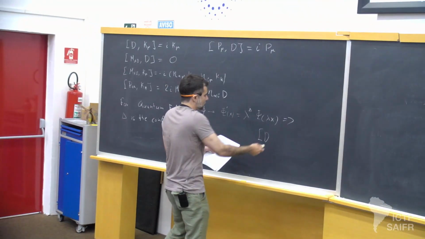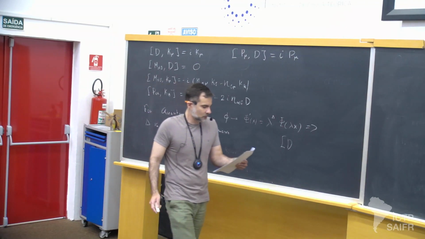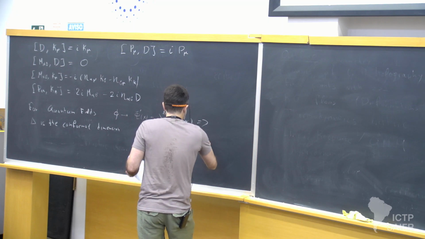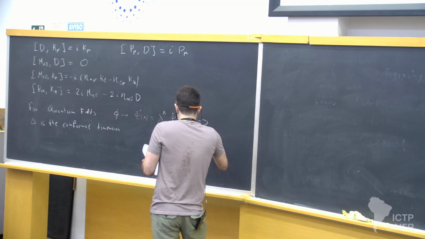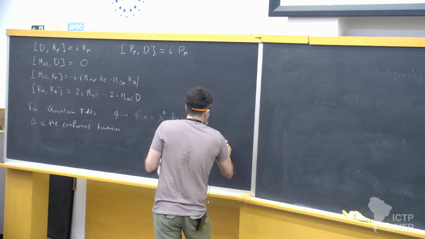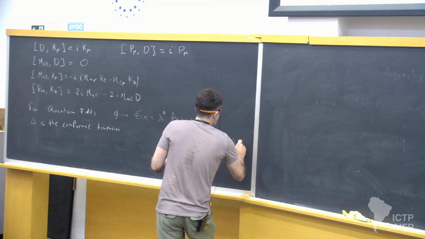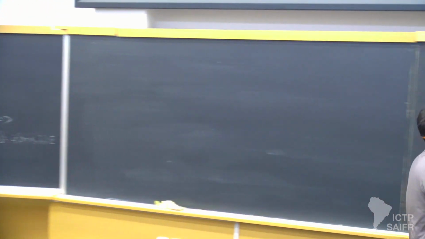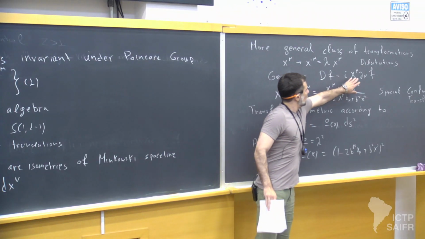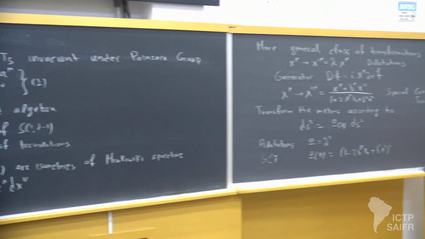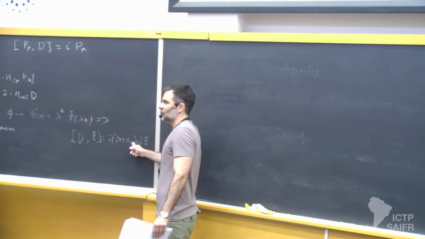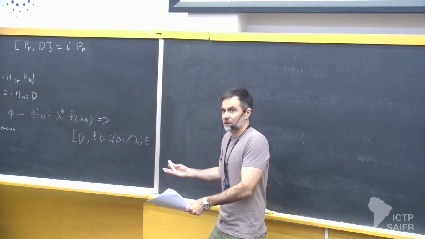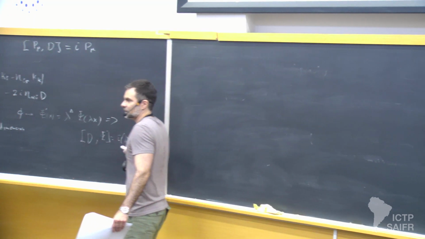So D is promoted to some operator, and then the commutator of D with phi is going to give you i, then delta plus x mu partial mu phi. So you see that, for just a function, when I'm just doing coordinate transformations, this part of the operator is here, but for a quantum field that I want my theory to be invariant under these transformations, I need this extra delta here.